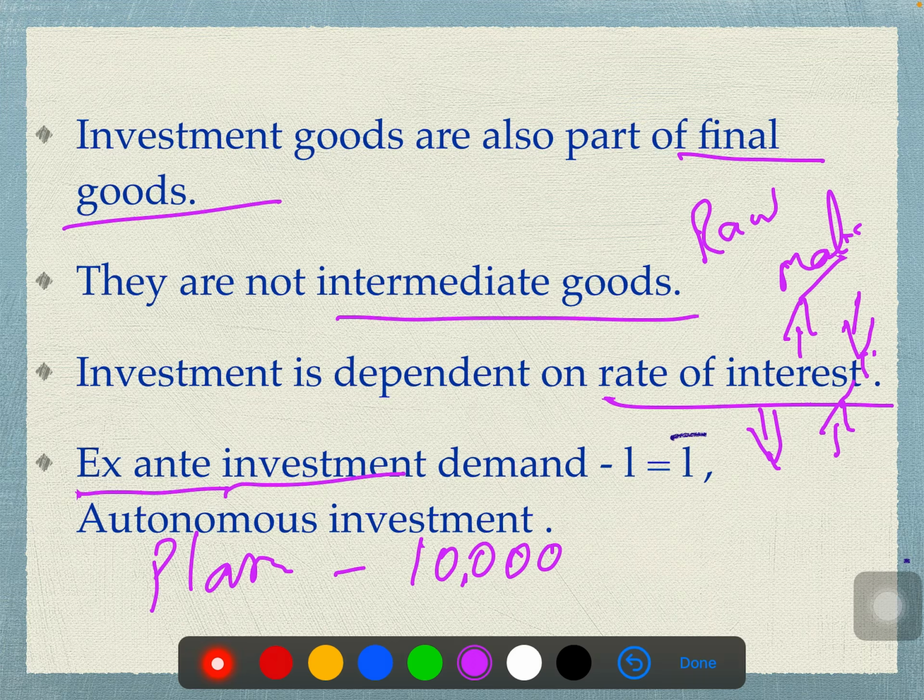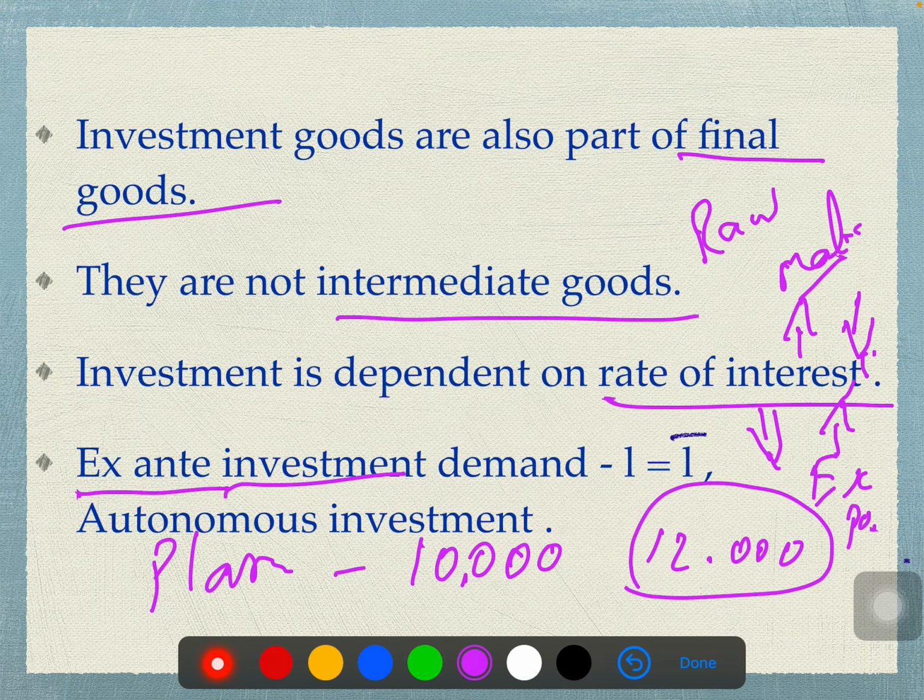In actual, I invested 12,000. The actual investment I have done is called ex post investment demand. The plan I had made, thinking to invest 10,000, is called ex ante investment.